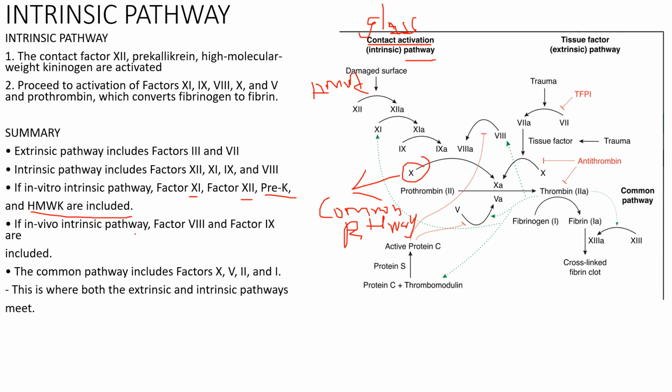In vivo, only factor 8 and factor 9 are included. Now, the common pathway would include factors 10, 5, 2, and 1. This is where both the extrinsic and intrinsic pathways meet.